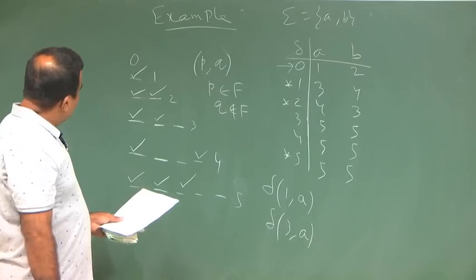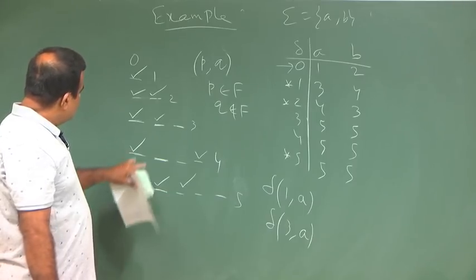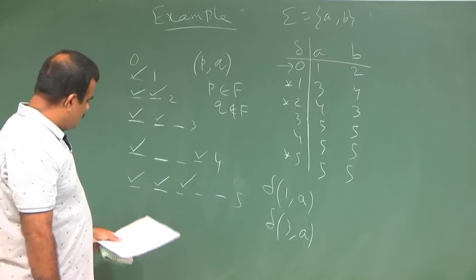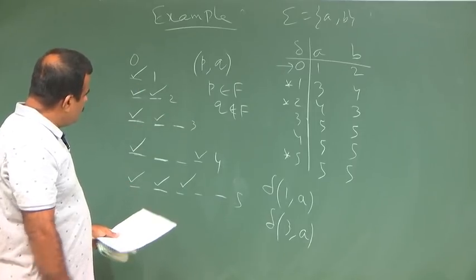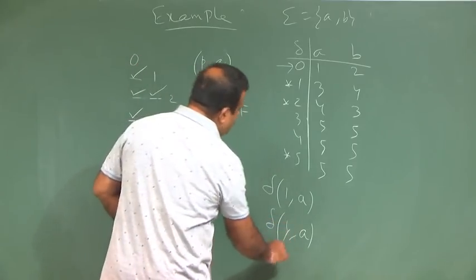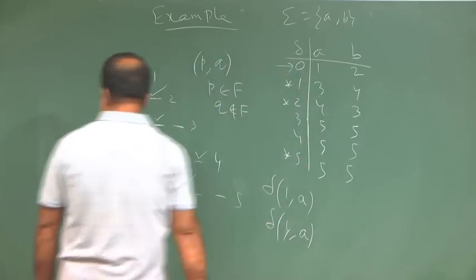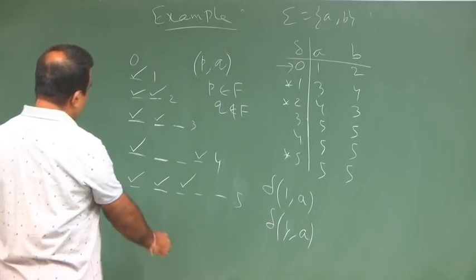Then if we continue like this, 1 4 also we can see. So, this is 1, this is 4, 1 is going to 3, 4 is going to 5 and 1 5 is marked.